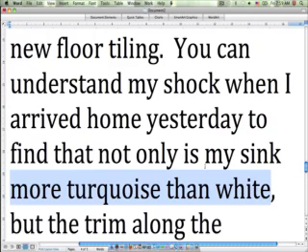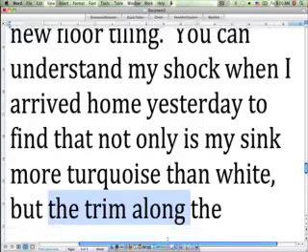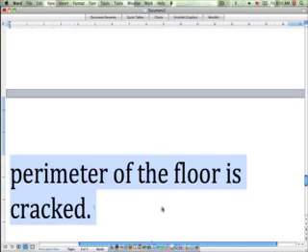So not only this, there's another problem: the trim along the perimeter of the floor is cracked. Not only means that we have not only one problem, we have two. Not only is the sink the wrong color, but the tiling is cracked.